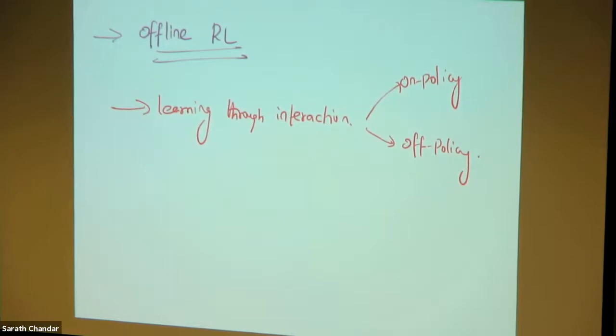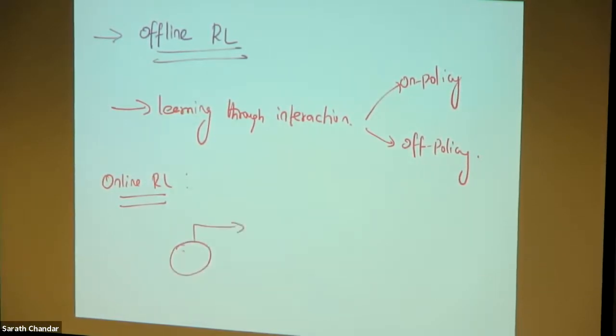In the case of on-policy algorithms, your behavior policy and target policy are the same. You are taking an action, and you are learning immediately from the action. This is how a pure online RL algorithm would look. You have a policy which takes an action and that gives you the state and reward.